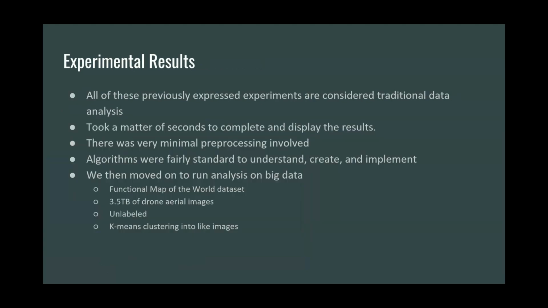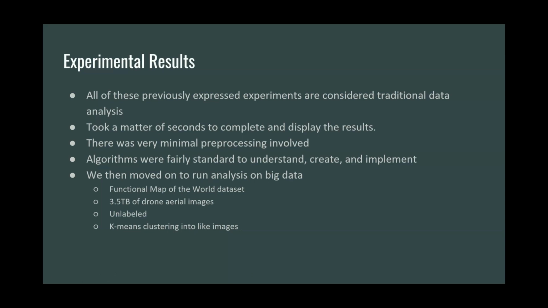But for the actual big data, we had 3.5 terabytes of images. These were aerial images taken using drones, and they represent functional maps. So this is a functional map of the world data set.